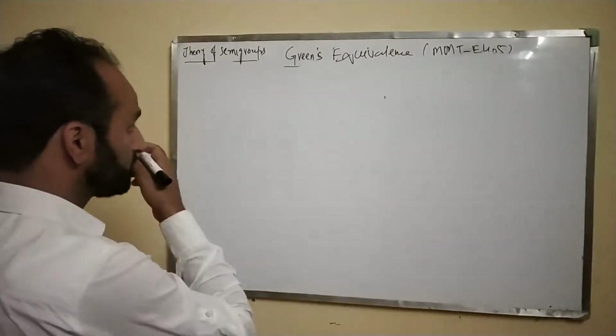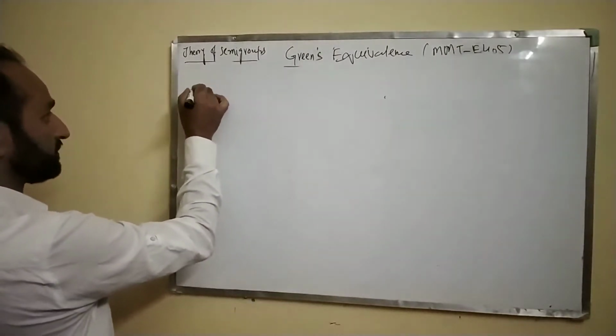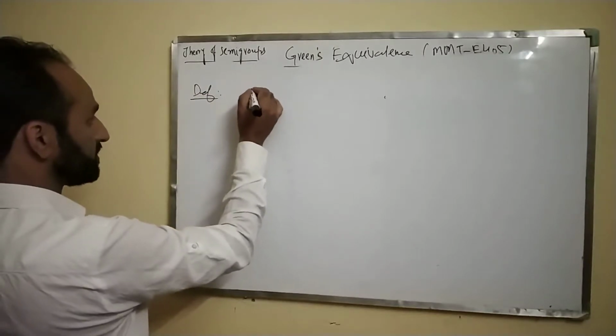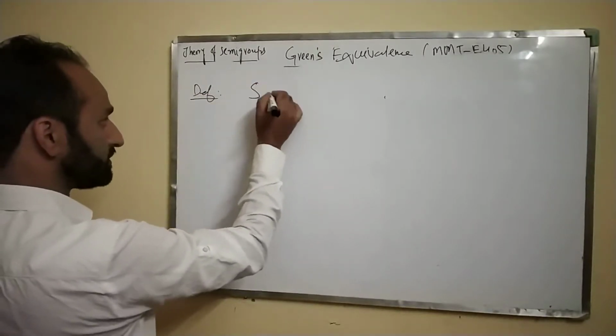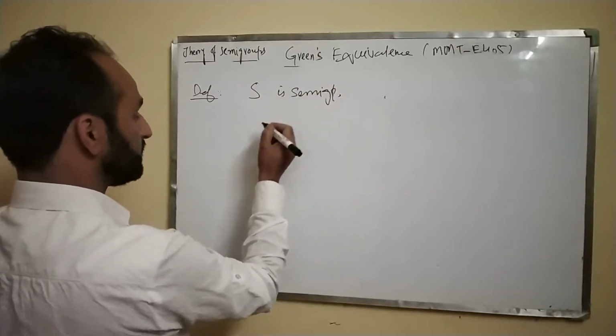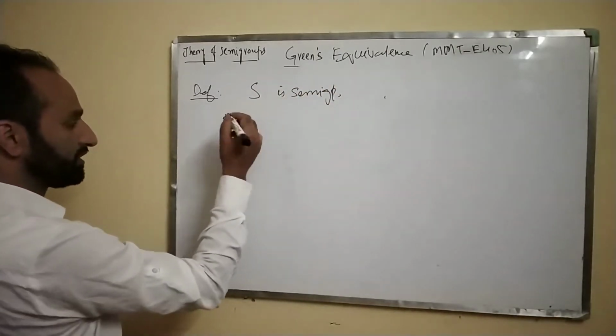Let S be a semigroup. So the definition of L relation and R relation: let S be a given semigroup. Then we have defined a relation.